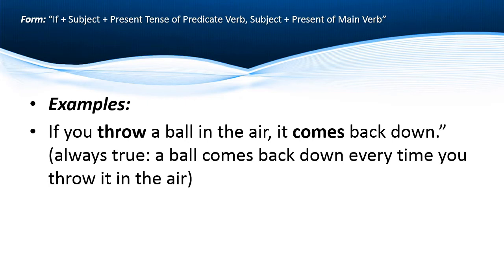Every time you throw a ball in the air, it comes back down. It is true in the past, it is true in the present, and it is true in the future. It is always true that if you throw a ball in the air, it comes back down. So the form is in the present tense.